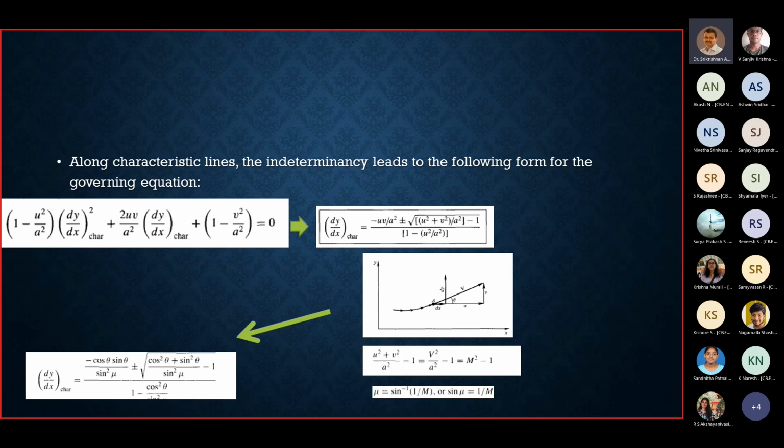Okay, now just carrying forward what was already mentioned, the indeterminate nature of the derivatives along the characteristic lines transforms the equation from partial differential form to a differential form of equations.